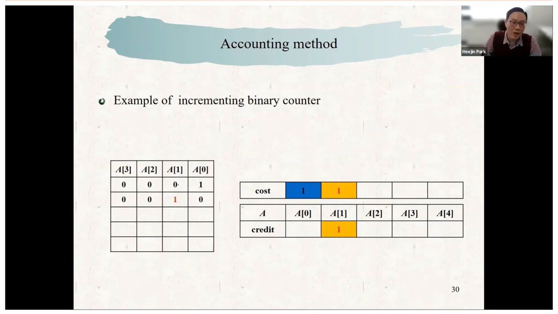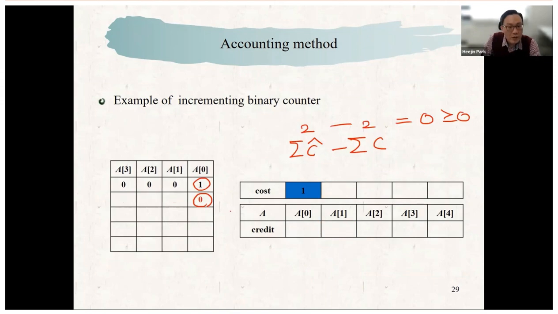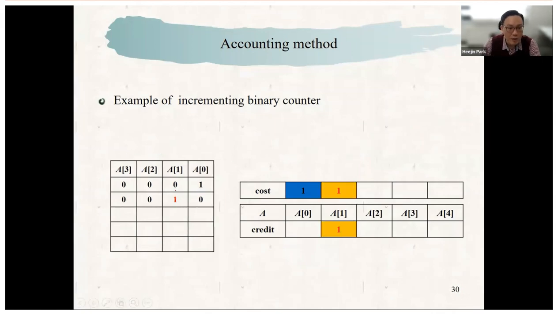And next, okay, so it was in the middle of the state. Now, here, this is the middle of the process of incrementing from 1 to 2. Then this bit should be set to 1. So now 2 sets, which is 4. The summation of the amortized cost is 4, and the summation of the actual cost is 3.